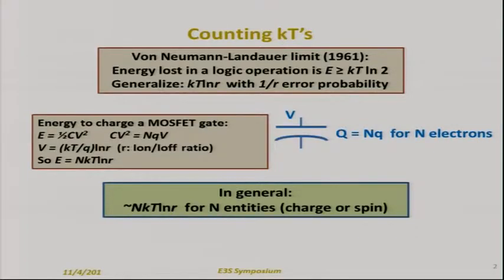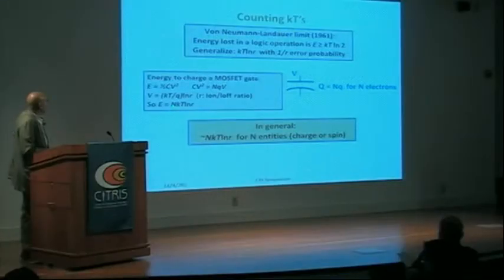Now, when this serves as the gate of a MOSFET, the voltage that we need to switch the MOSFET with a certain on-off ratio, as we've heard a lot about yesterday, is kT over Q times the log of the on-off ratio. So we need enough voltage on the gate of the MOSFET to swing it by the voltage swing. And so the energy that it takes to run a thermally activated MOSFET switch is NkT, where N is the number of electrons.